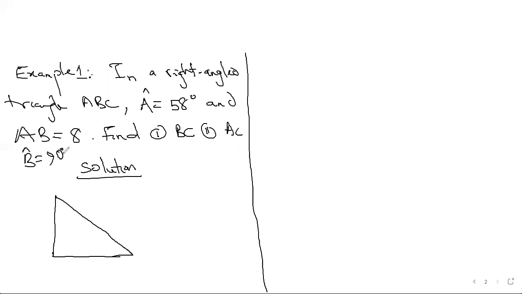So the 90 degrees is at B. So B, then A, then angle A says here 58, for example, then C. Now we know AB to be 8. So we want to find BC and AC.